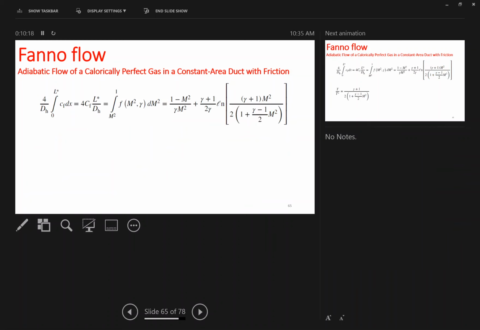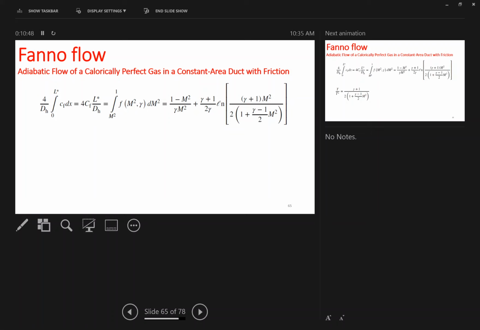Okay, so let's take that integral, and we call that exit length. Since we are dealing with the sonic condition, we are dealing with the star condition, so that exit length at the sonic condition is going to be called L star. If you take that integral, the left-hand side is pretty simple. It's just going to be 4 multiplied by f-bar times L star over the hydraulic diameter.